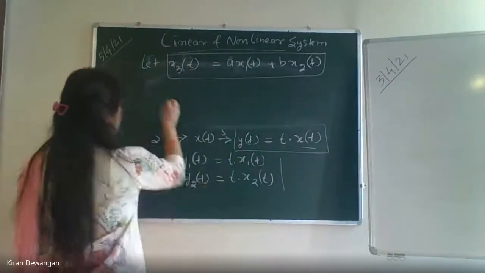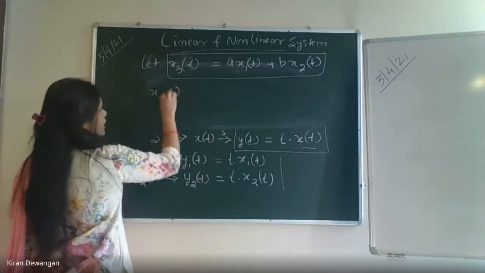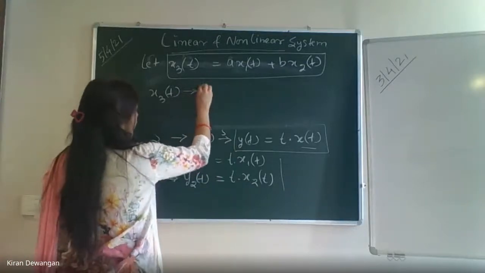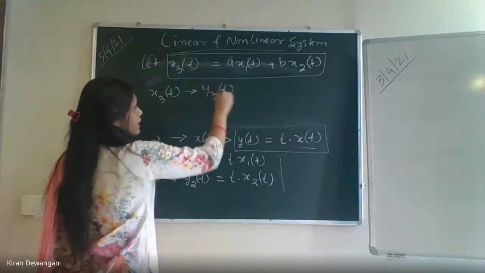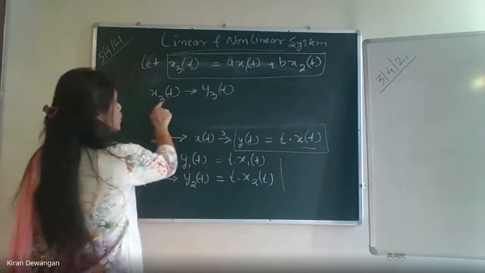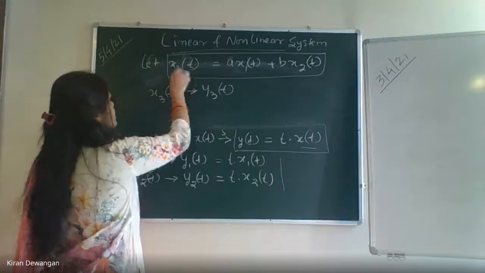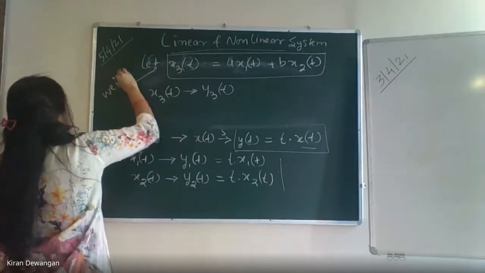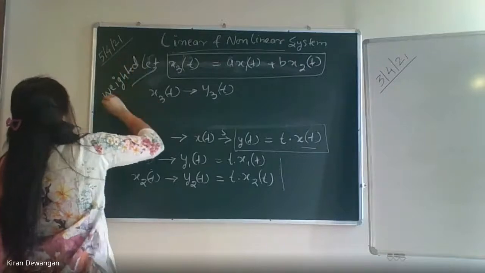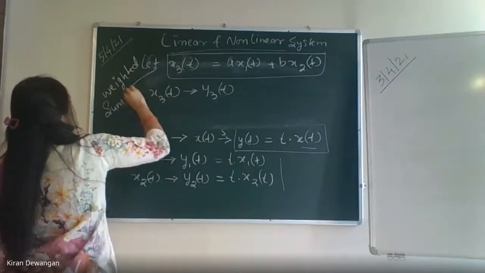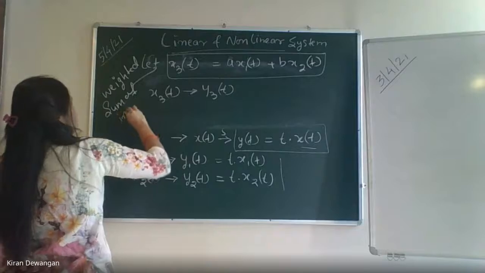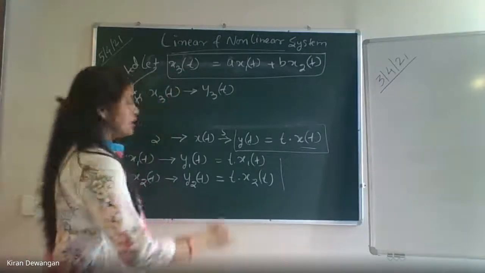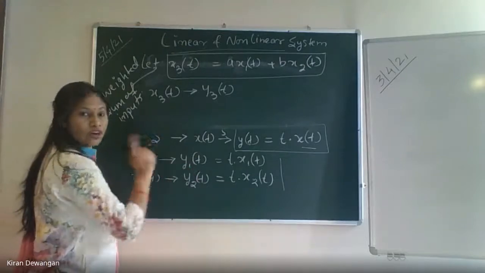Now when I am applying x3(t), the output should be y3(t), right? The output due to this input. What is this input? This is nothing but my weighted sum of inputs, as I have already explained.